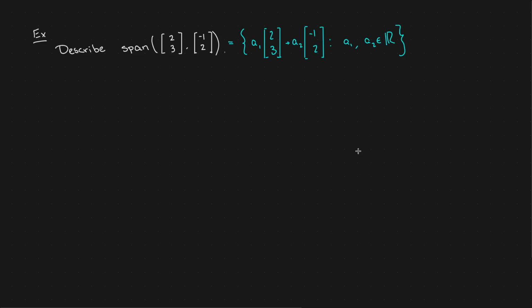So what would this look like? Again, it might be helpful to sketch out our two vectors. Okay, so we have vector 2, 3.